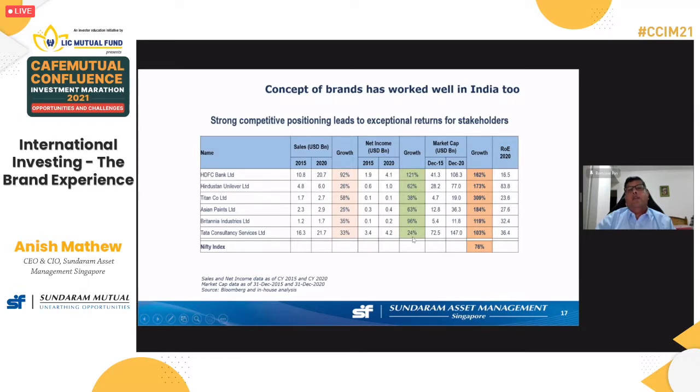The profits growth has also been very strong. As a result, all these shares have been rewarded very well by the market, significantly outperforming the Nifty index. So this is the crux of the strategy: invest in leading brands, and you are more likely to do well over the long term.